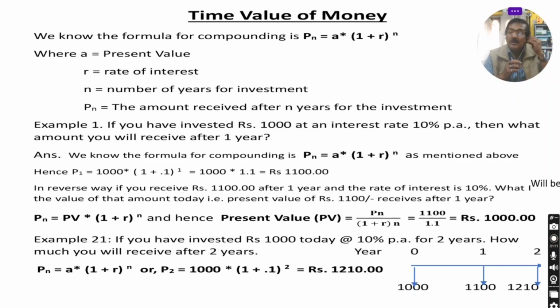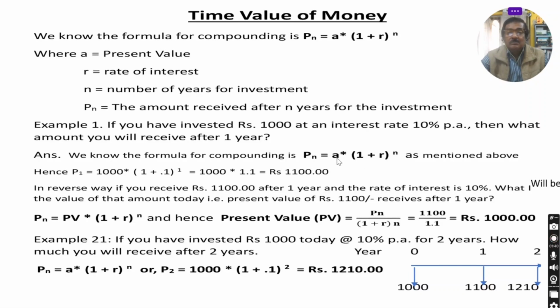A simple example is given here. Suppose you have invested rupees 1000 at an interest of 10% per annum. How much will you receive after 1 year? Put the values in this formula.